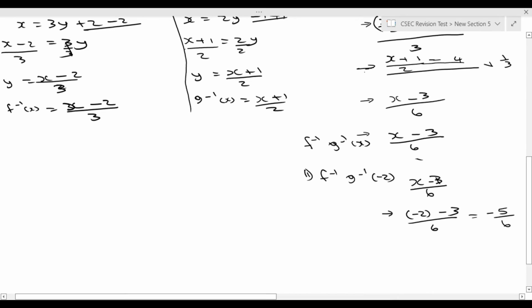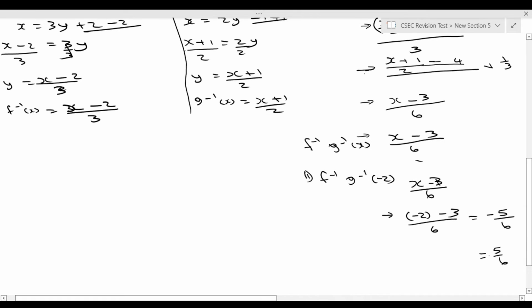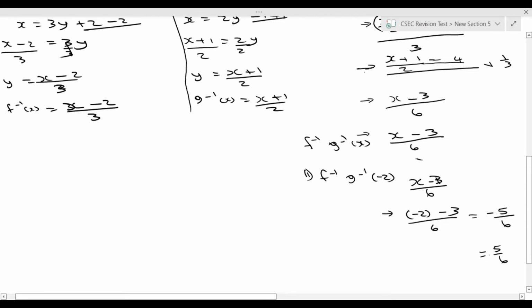That's equal to negative 5 over 6. Oh, the whole function will be negative.